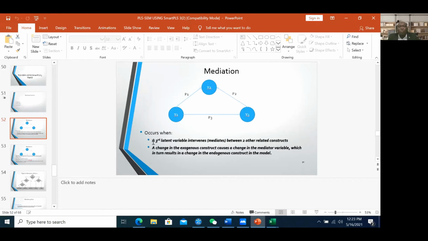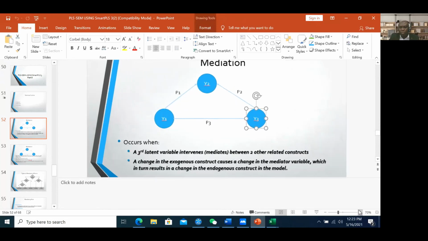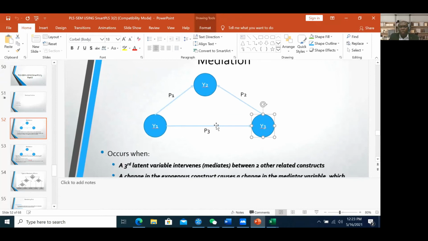So mediation basically occurs when a third latent variable intervenes between the relationship of two other related latent variables. So for instance, the relationship of y1 to y3 is mediated by y2.